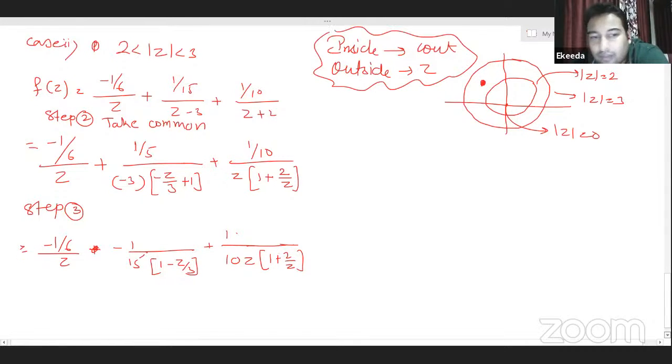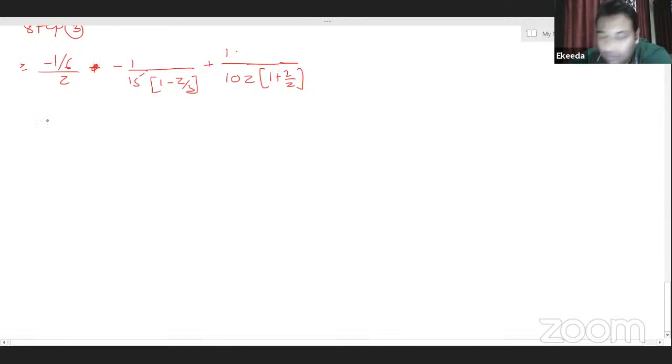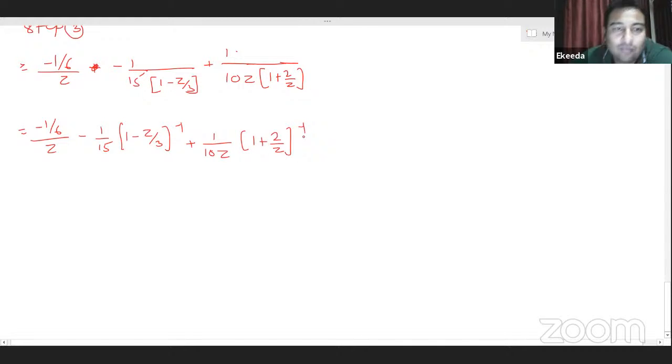What next? We're going to take this term in the numerator. This term will remain as it is. So this will be (1 minus z by 3) inverse. This will be (1 plus 2 by z) inverse. The next step is step number 4 and then step number 5. We just need to open the brackets and the work is done. So minus 1 upon 6z minus 1 by 15.